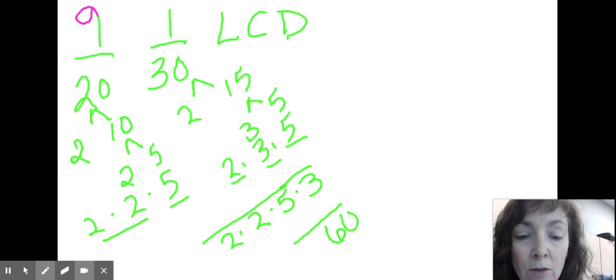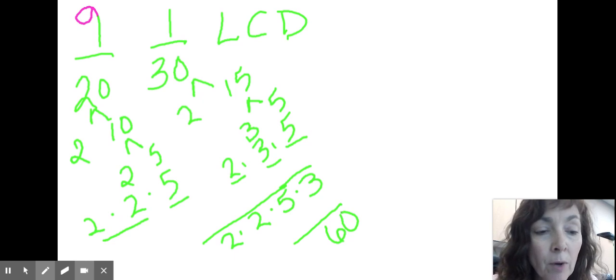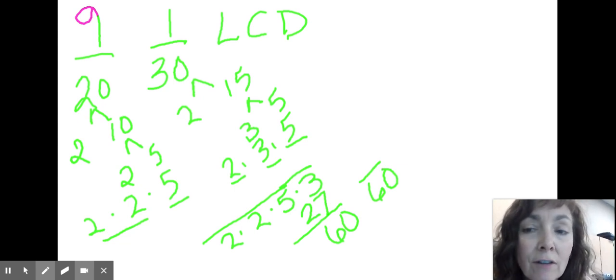And then I can continue on converting these fractions to having the bottom be 60. 20 times 3 is 60, so I'll do 9 times 3 for the top. 9/20ths becomes 27 60ths. And then if I want to convert 1/30th, 30 times 2 is 60, and so I have to do 1 times 2 on the top to get 2 60ths.